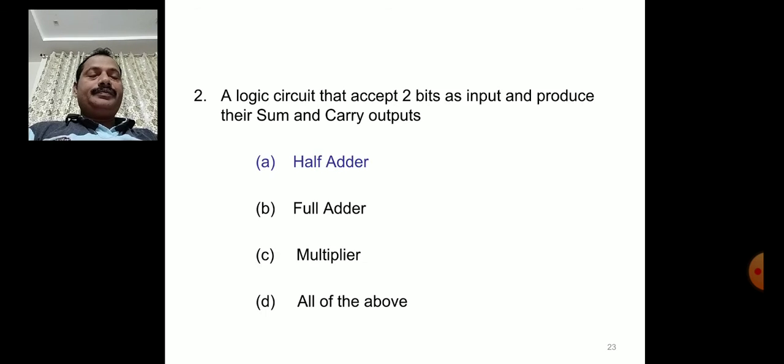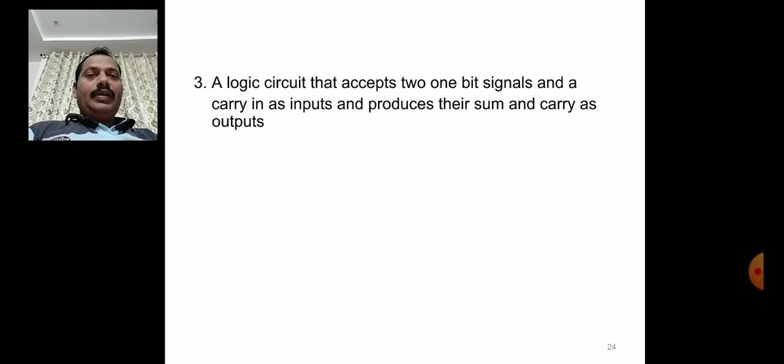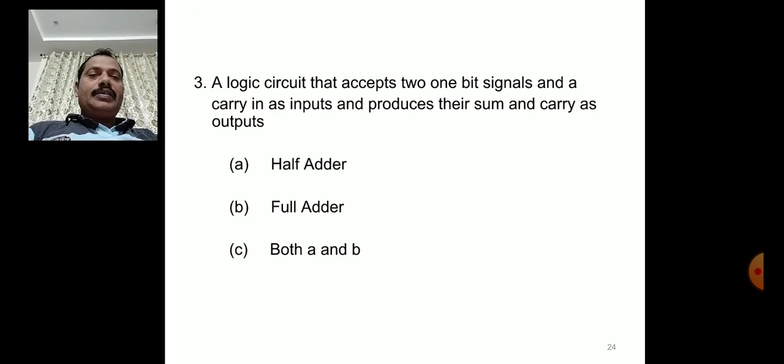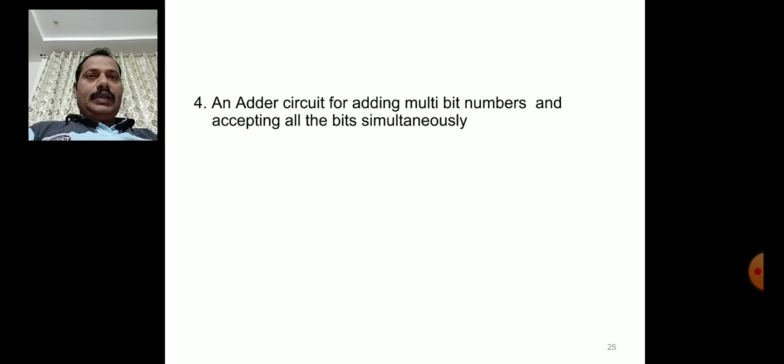Half adder. A logic circuit that accepts two 1-bit signals and a carry in as inputs and produces the sum and carry outputs. What is that? That is the full adder.